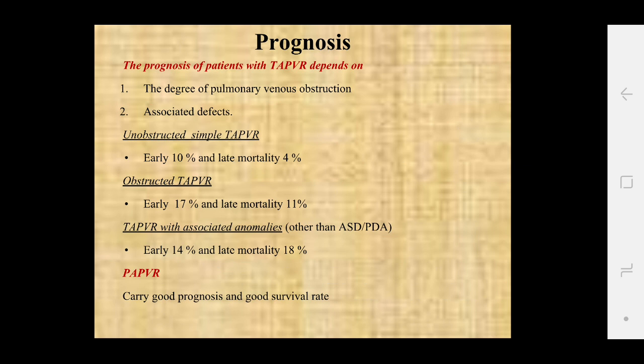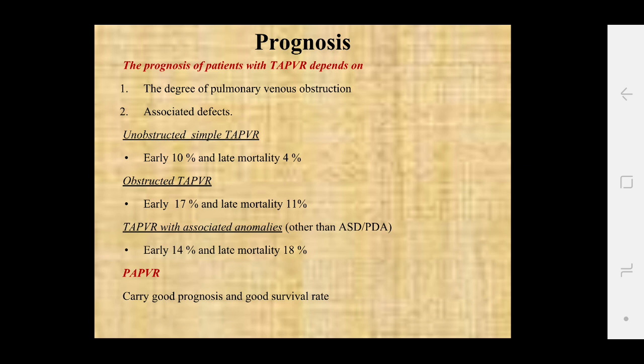Unobstructed usually has a late mortality of 4% and an early mortality of 10%. Obstructive pulmonary venous return has a little higher mortality, 17% early and 11% late.